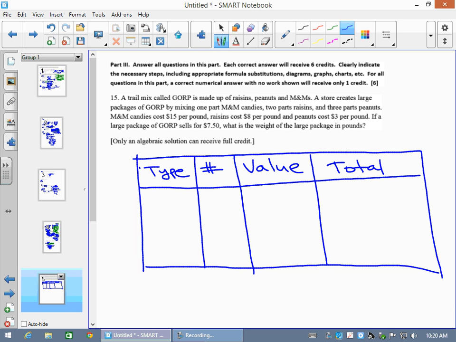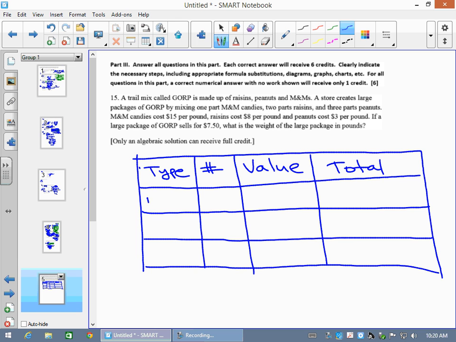Raisins, peanuts, M&Ms. They tell me that I have 1 part M&Ms, 2 parts raisins, and 3 parts peanuts. And then they tell me how much each costs. So raisins is $8, peanuts is 3, M&Ms is 2.